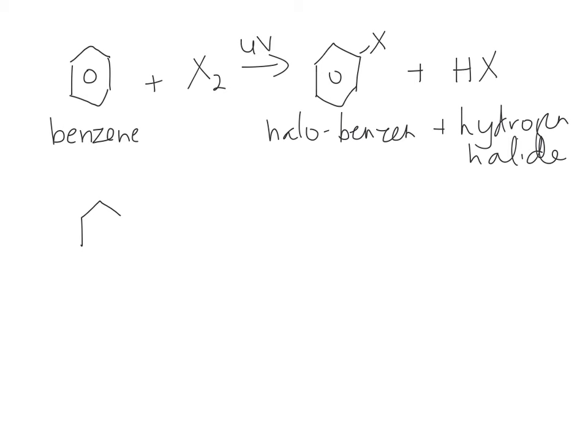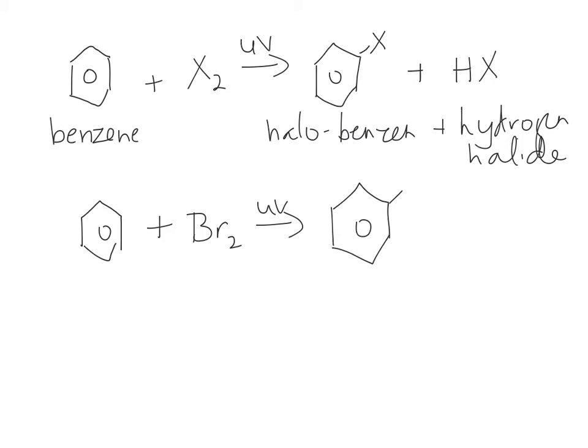For example, benzene plus bromine will make bromobenzene and hydrogen bromide. Only one halogen atom is bonded per molecule of halogen, just like for the alkanes.